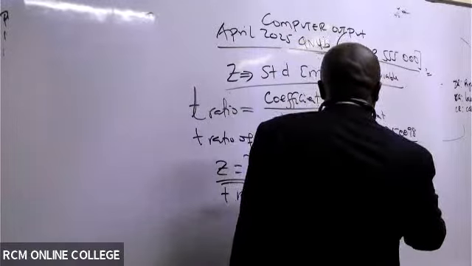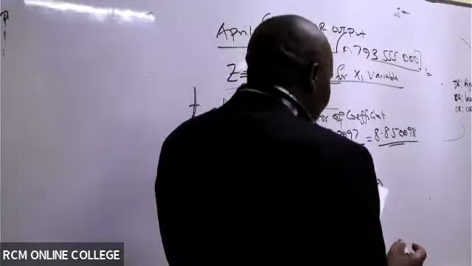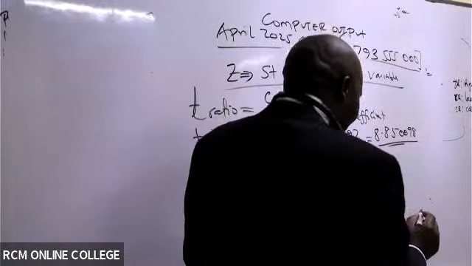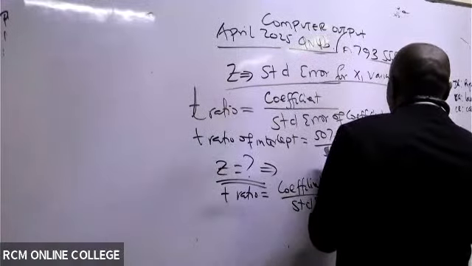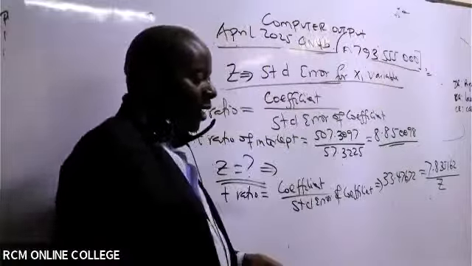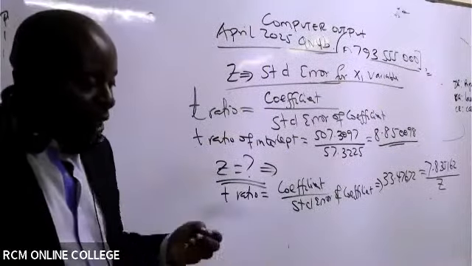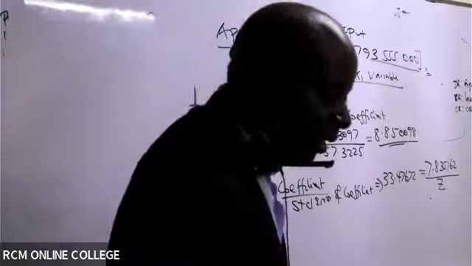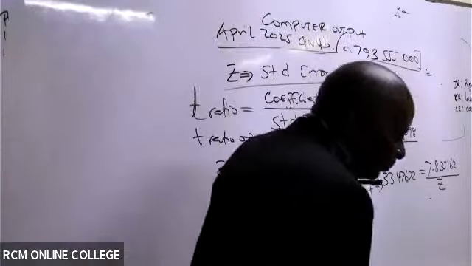So the T ratio has been provided in this case as 33.47672, which equals the coefficient itself, 7.835162, all over the standard error, which is what there? Z. All over the standard error, that is Z. So your work is easy. Your work is to make Z the subject of the formula.